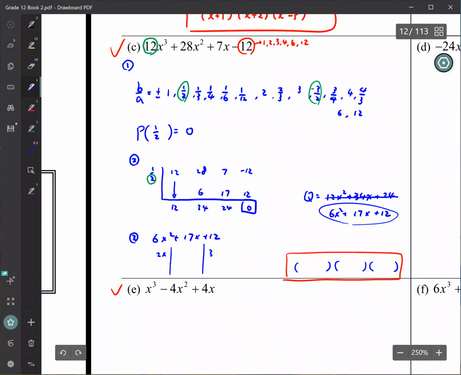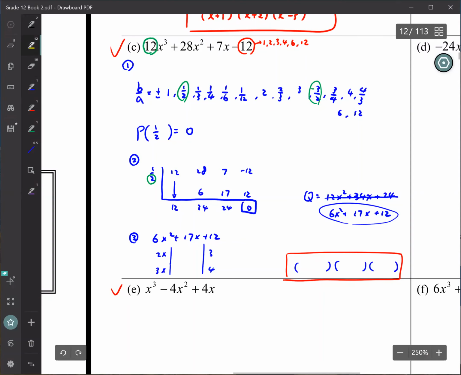So that means the other one will be 3x and 4 then, right? Yeah. Okay. Donna, how about you? Do you have the same? Yes. Okay.